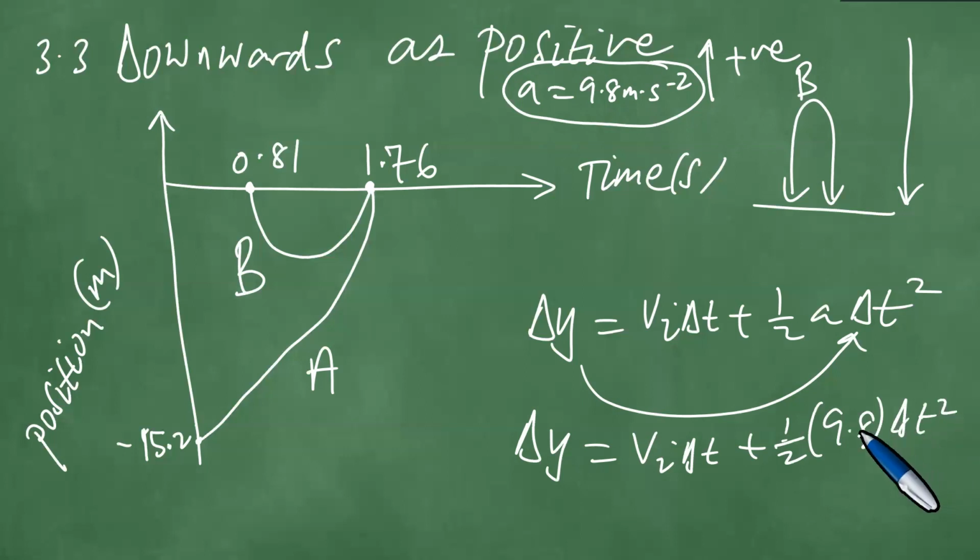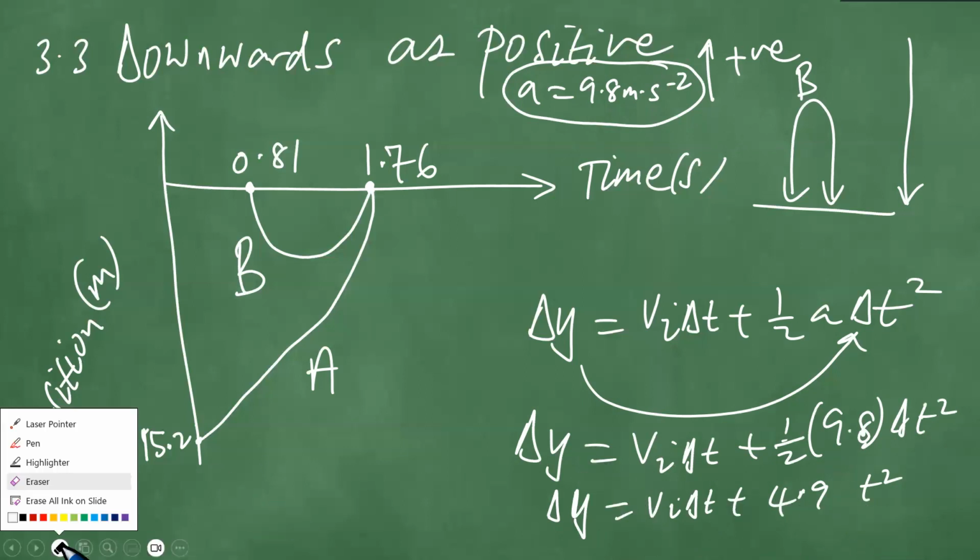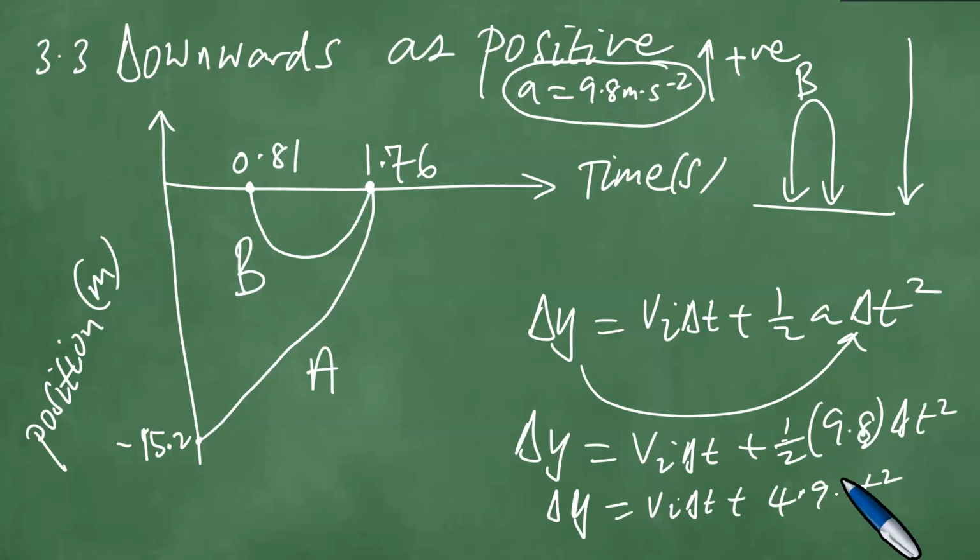I'm going to send you another question for you to practice here. But now this is vi delta t plus 4.9 delta t squared. So in the end, you'd have a positive 4.9 here, and if it's positive, how does the quadratic look?